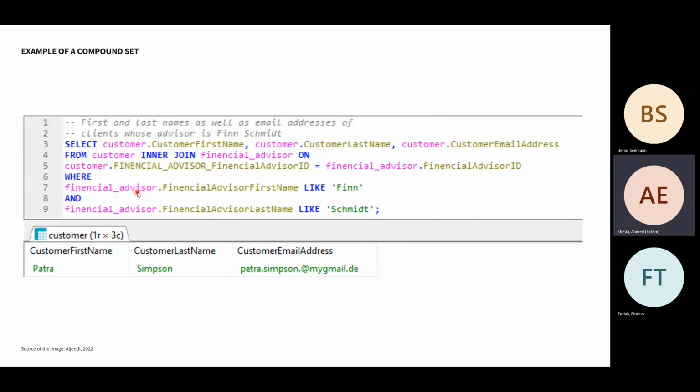Where financial advisor first name like Finn, F-I-N-N, and financial advisor last name like Schmidt. So now I'm making more filtration and selecting the customer data where his or her financial advisor first name is Finn and last name Schmidt.